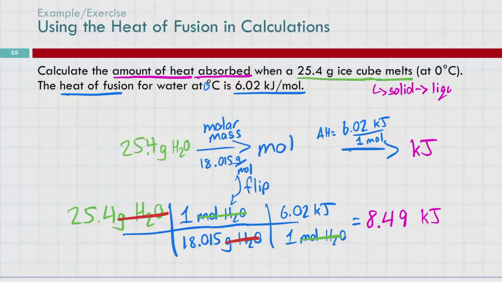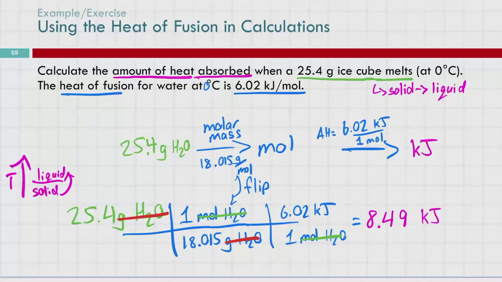Solid to liquid. And if we make our little silly one-axis graph, solids are low energy, above that is liquid. So it does have to go up in energy, it has to absorb energy. Absorbing energy has a positive or negative sign for heat. Positive because it's going up, it's increasing.